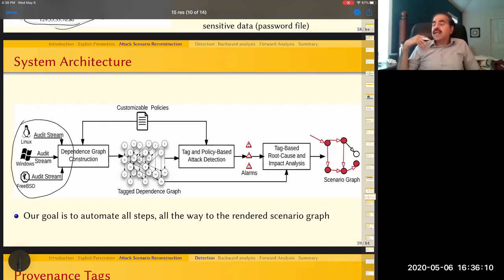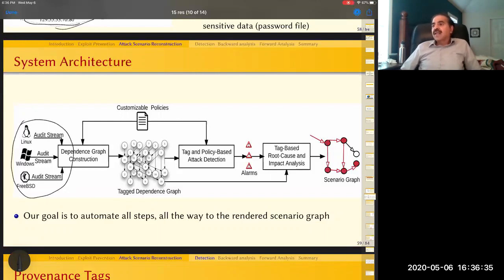So let's say you download a file and then you run it, then there is a dependence between the download action and the code that runs. Similarly, if this code writes another file, and if that file is read by another process, once again there is a dependency.